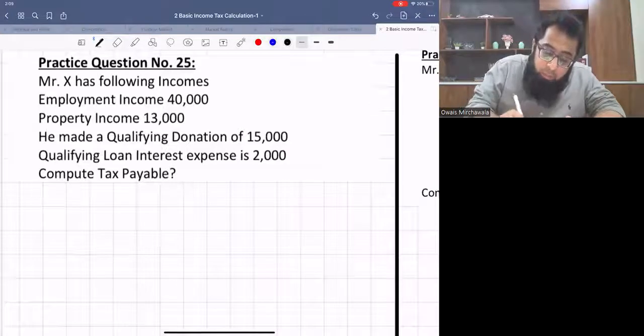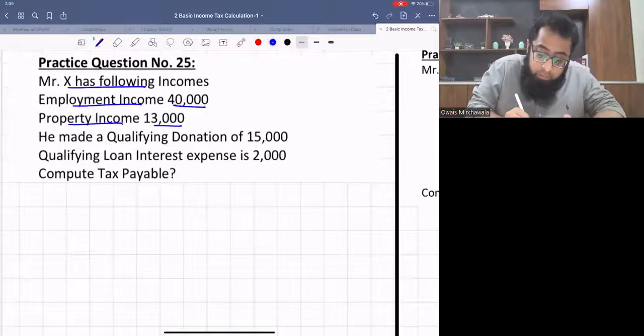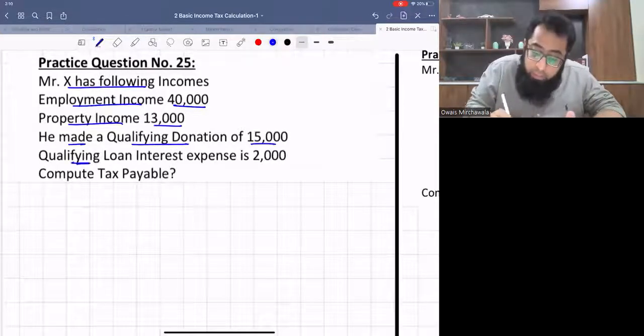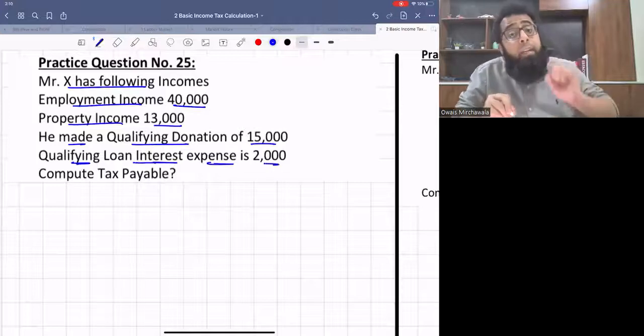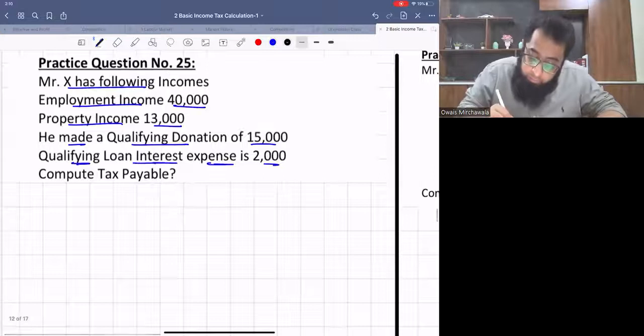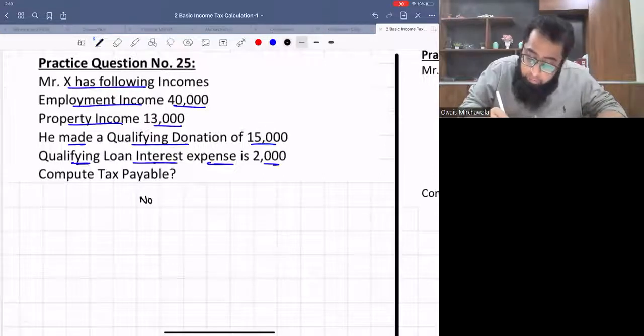Mr. X has the following incomes. Employment income is 40,000. Property income is 13,000. He made a qualifying donation of 15,000, and he made a qualifying loan interest expense of 2,000. Okay. So let's look at it again. Again, the 2 incomes available only belong to the non-saving head.